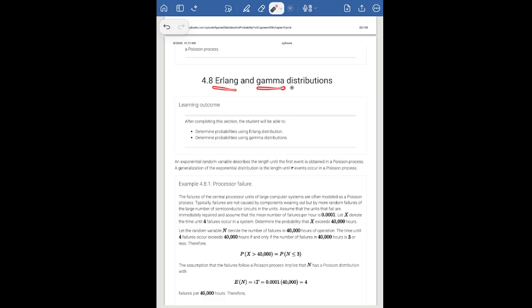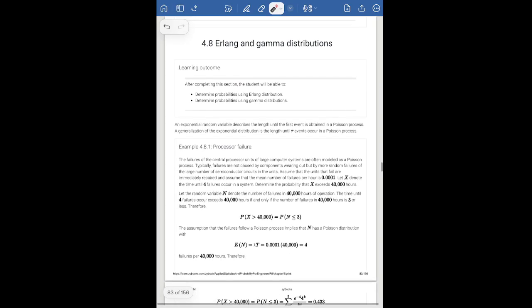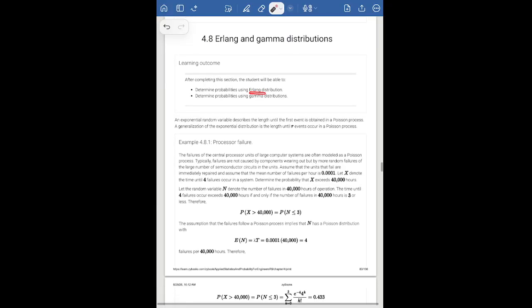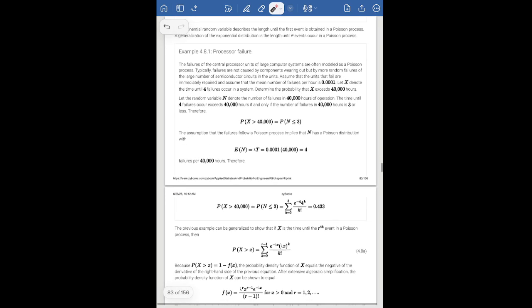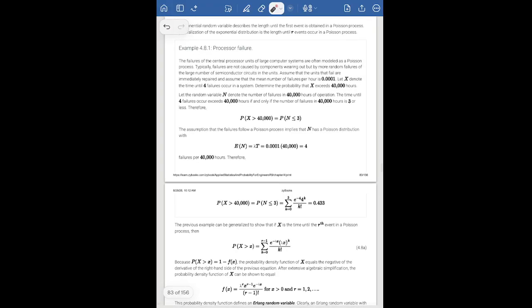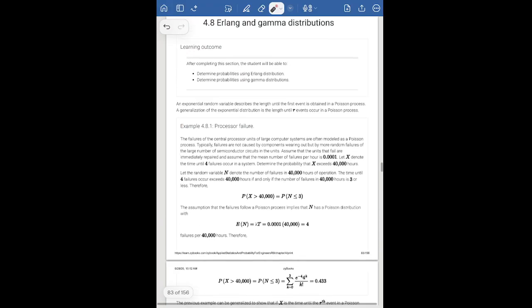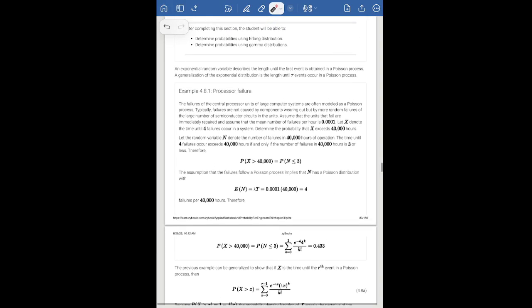Got these distributions here, the Erlang and gamma distributions. So you can determine probabilities using the Erlang, you can determine them using the gamma. So you got processor failure. That could be an example of these.